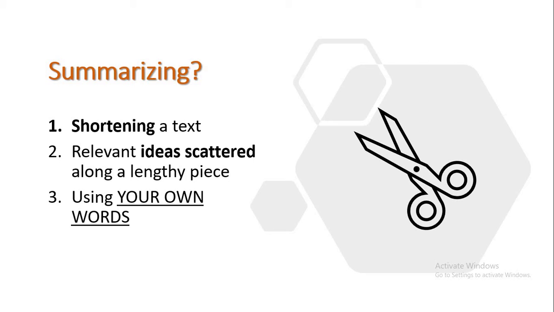The most important thing in summarizing that we care about in this module is having you use your own words, use your own structures instead of the words given in the text or the structures given in the text. And I have already mentioned that you can use lots of online tools that are not the paraphrasing tools or the summarizing tools. Instead, we focus on helping you develop your own skills.